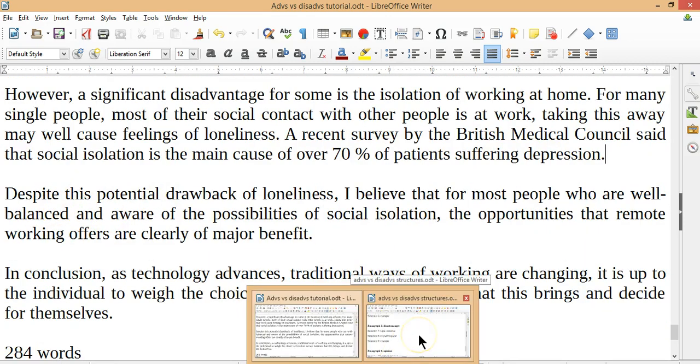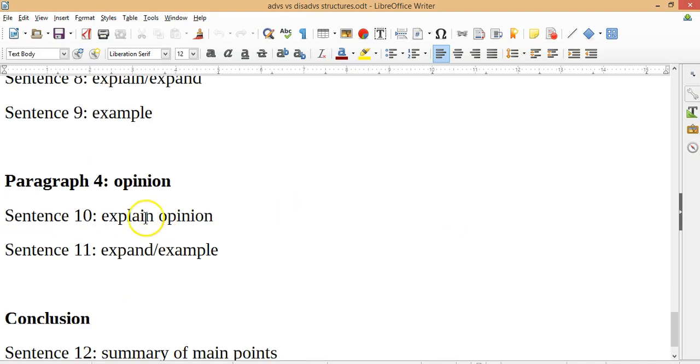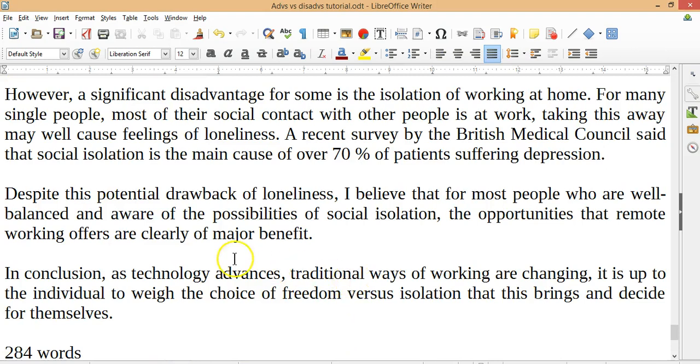Now, paragraph 4, opinion, explain, expand, example. So, despite this potential drawback of loneliness, I believe that for most people who are well balanced and aware of the possibilities of social isolation, the main opportunities that remote working offers are clearly of major benefit.